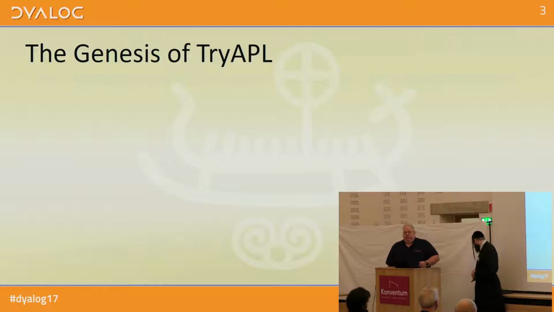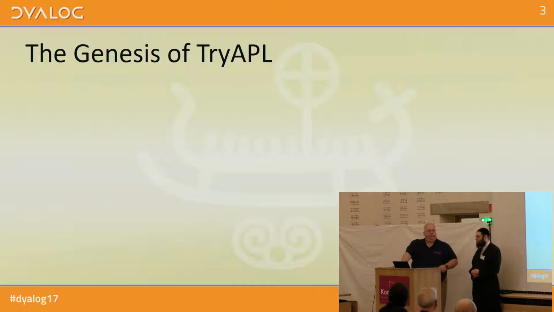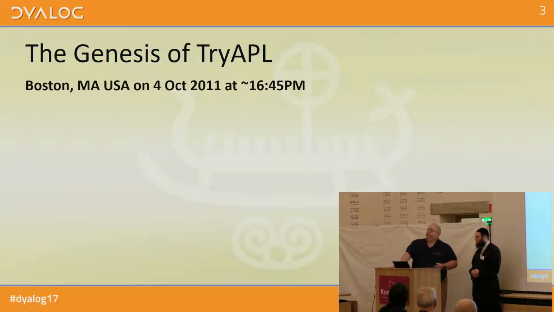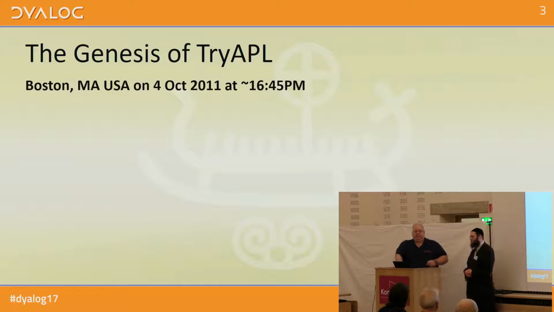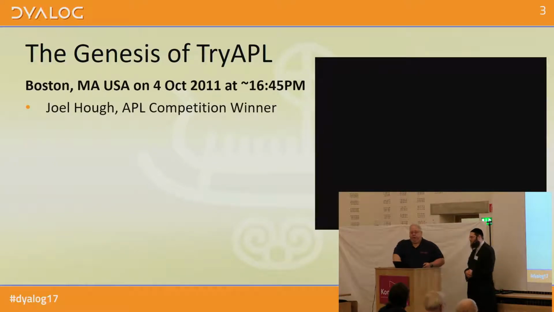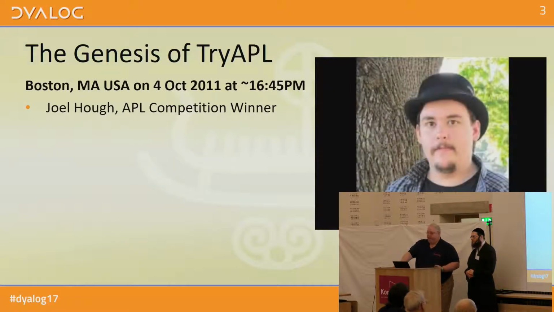So let's talk about the genesis of Try APL. Actually, it was 5 years ago here that we gave the story of Try APL, I now recall. So this will be the Reader's Digest condensed version of that. It was back in Boston, Massachusetts at the Dyalog 11 conference when Joel Huff, who was the winner of that year's APL competition, had a few things to say.